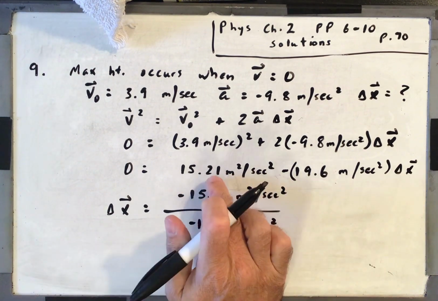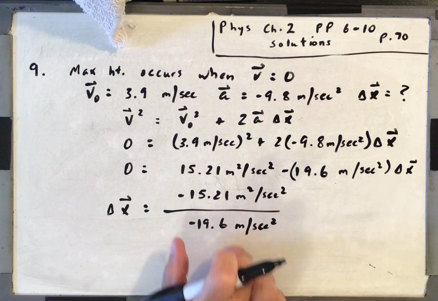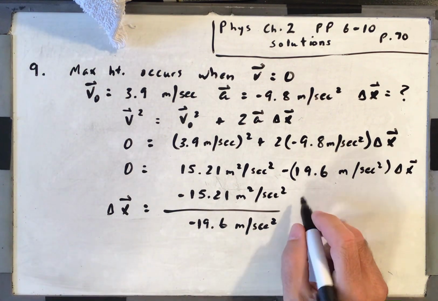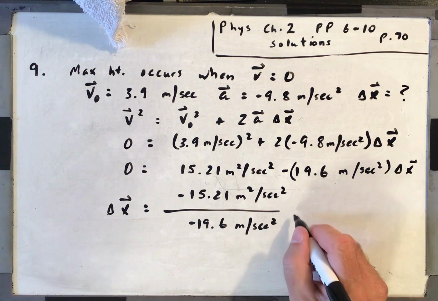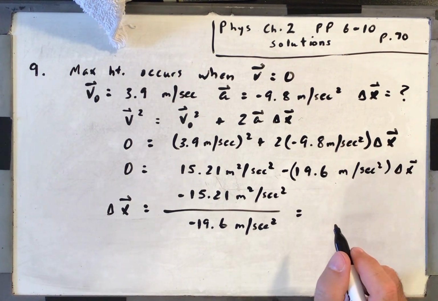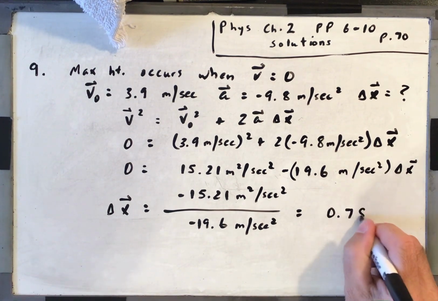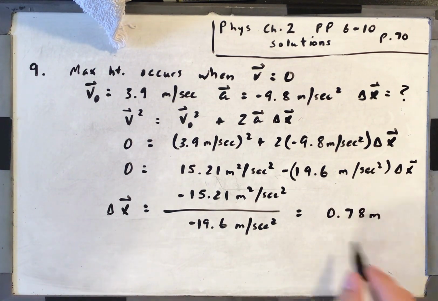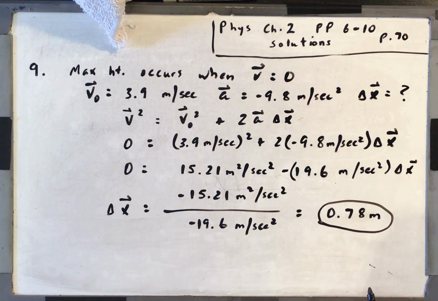So again, we're sliding this 15.21 over, making it negative, and then bringing that negative 19.6 underneath. That gives us a positive displacement, which makes sense because the child's throwing the ball up in the air, of 0.78 meters. So the child is not able to get a whole lot of juice on that ball because it didn't go up very high. It's just a little under 3 feet.